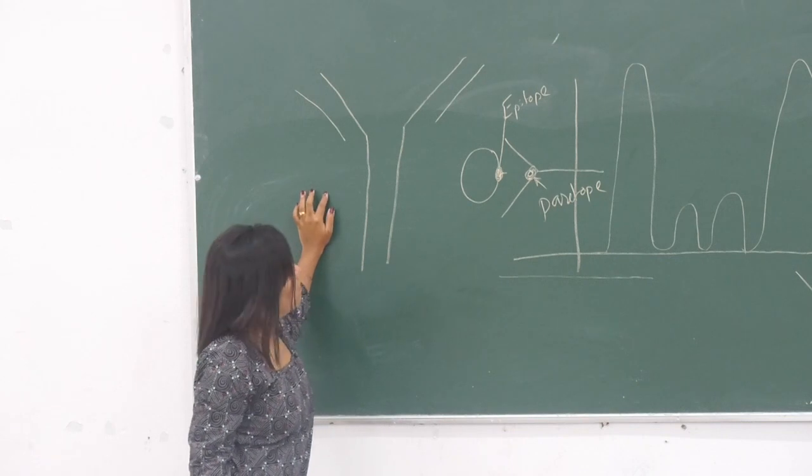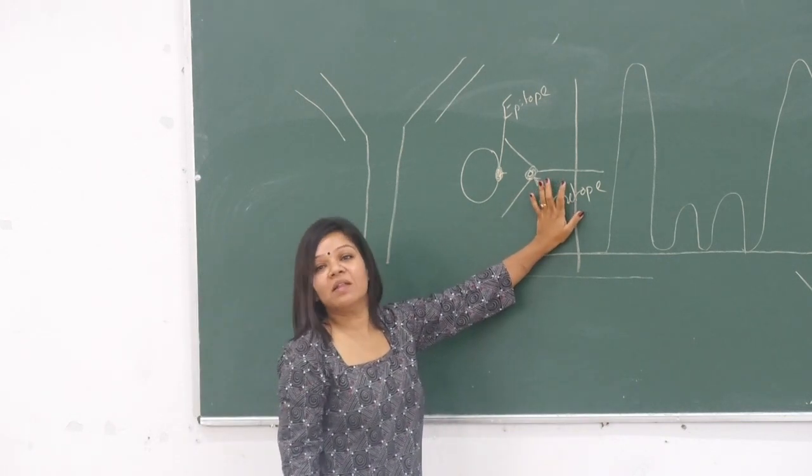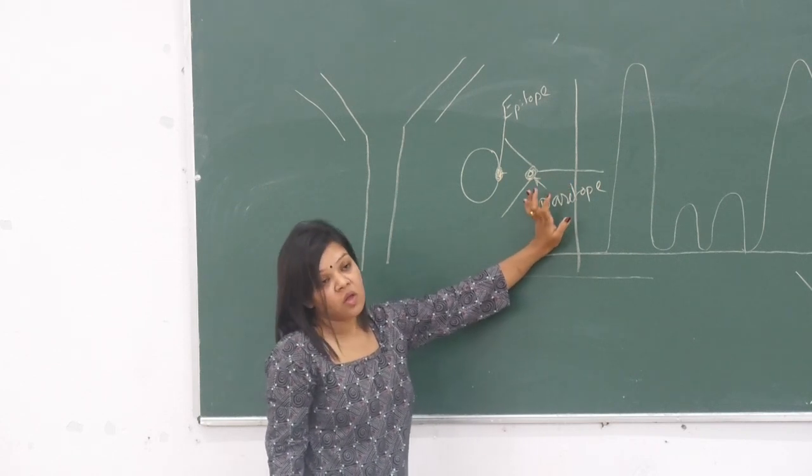Next point will come. So this is the normal, layman structure of an antibody.